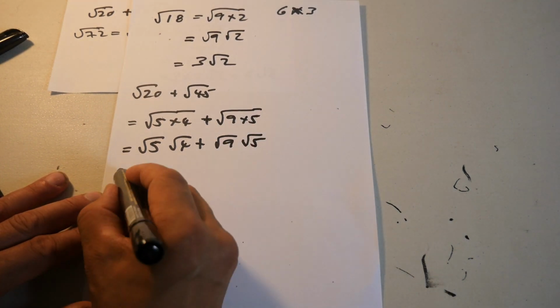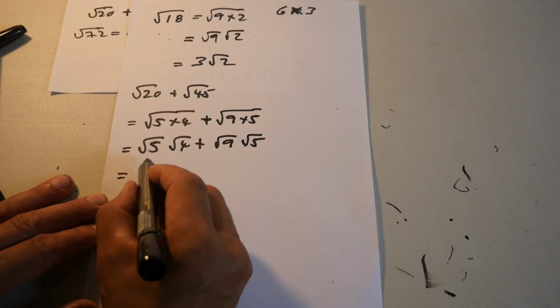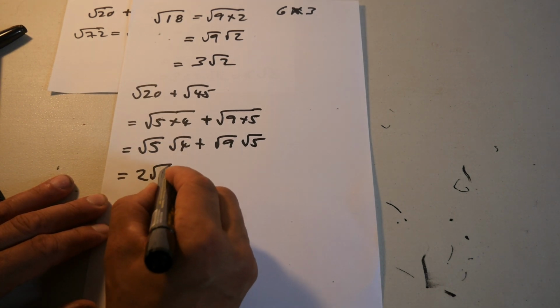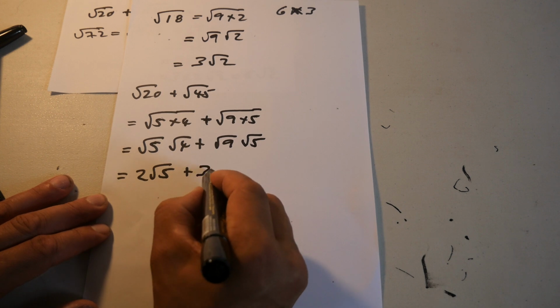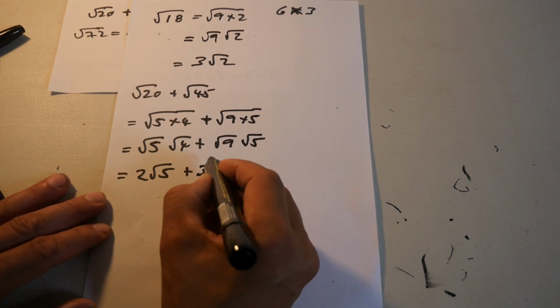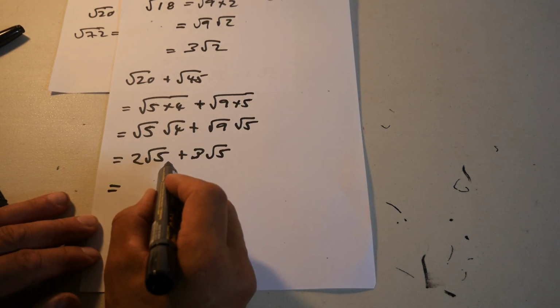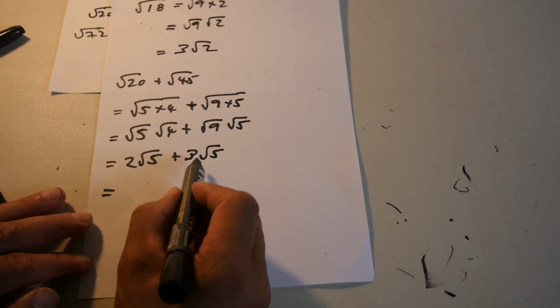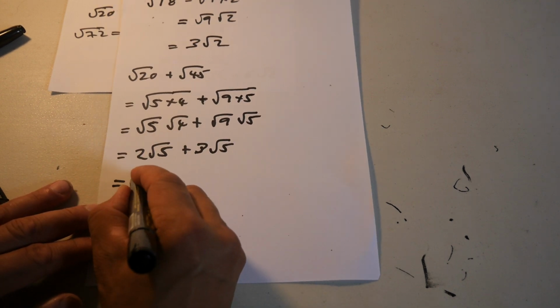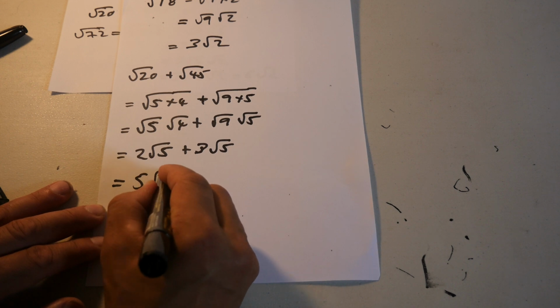Which equals, since the square root of 4 is 2, 2 root 5 plus 3 root 5. And then 2 of them plus 3 of them is 5 root 5.